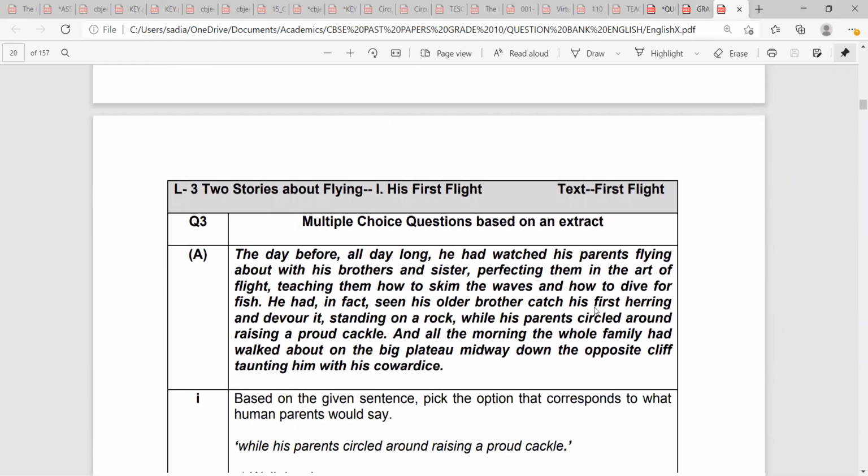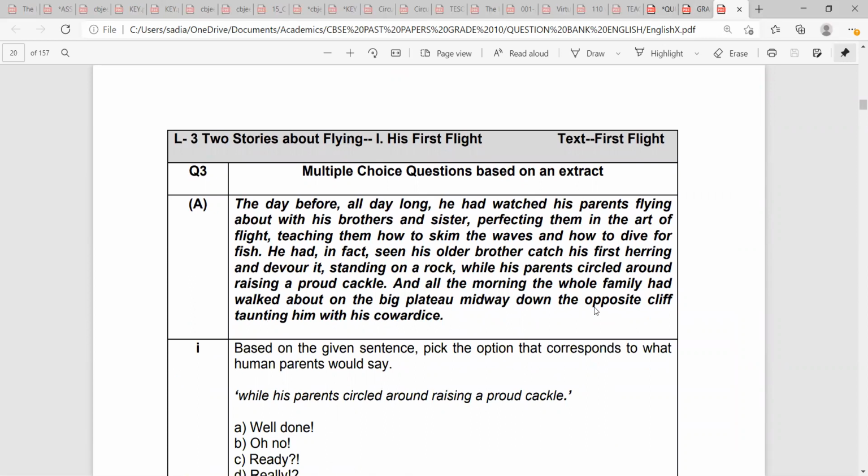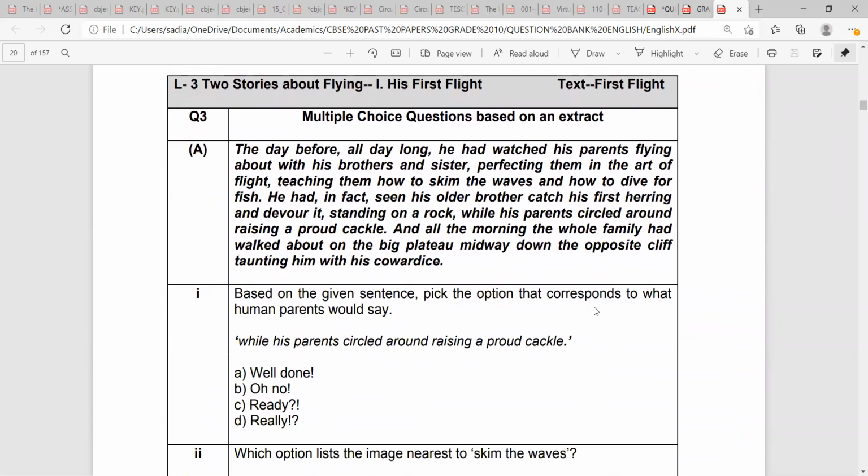Two Stories About Flying, His First Flight, from the textbook First Flight.